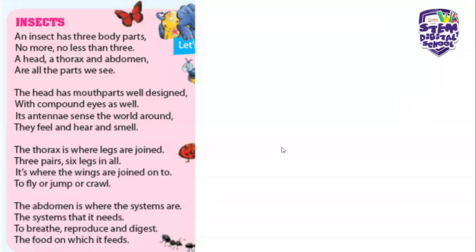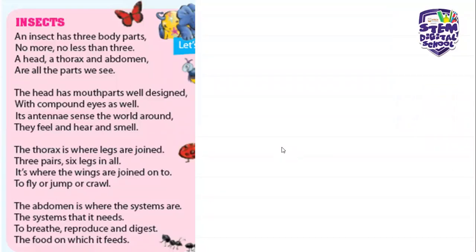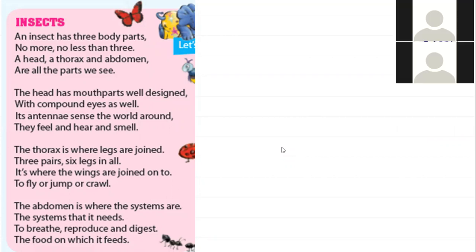An insect has 3 body parts, no more, no less than 3. A head, a thorax, and abdomen are all the parts we see. The head has mouth parts well designed, with compound eyes as well. Its antennas sense the world around.